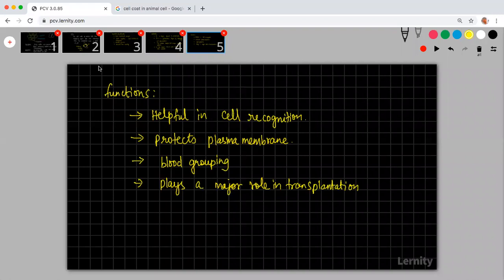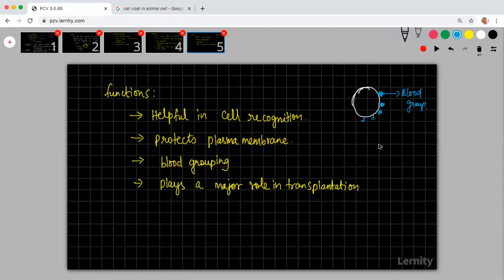Unique branching means what? Let us say that an RBC is there. This RBC has a membrane. From this RBC membrane, you are able to see some patterns which are coming out. This kind of structure is what makes the blood group. This protein structure is going to create the blood grouping system.